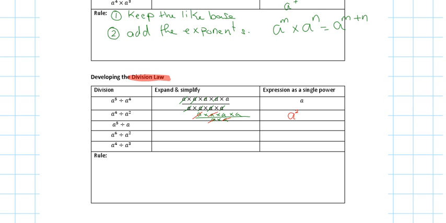A to the power of 4. And why is it a to the power of 4? What's happening here? Canceling 1 a with the 5 on the top, right? So if I have 5 a's on the top, and then I have 1 a at the bottom, I cancel 1, so I'll be left with a to the power of 4. Do you see a pattern here? What is it?